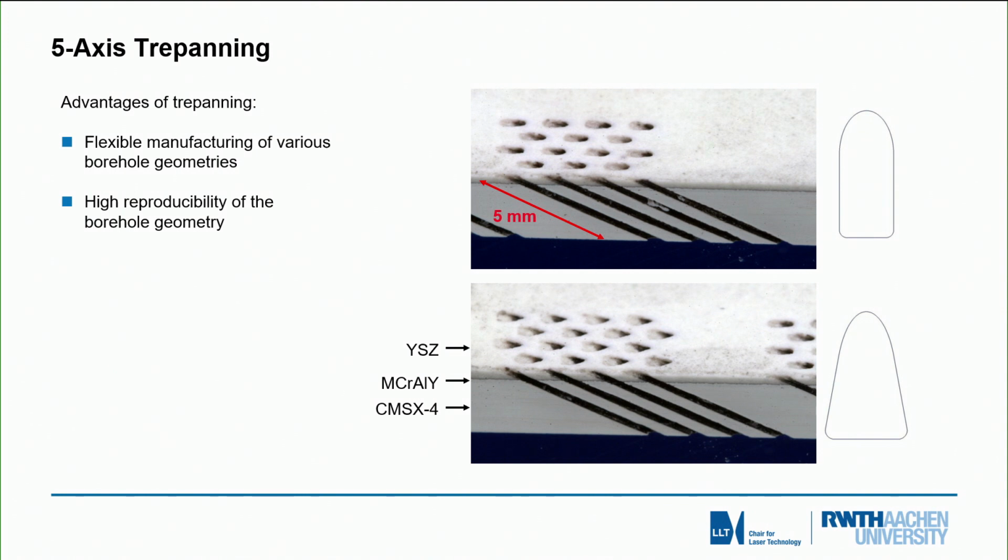This trepanning is applied in very real-world applications, like this drilling of thermal barrier-coated high-strength materials used in turbine blades for airplanes. And you can see here two characteristics of the trepanning process.